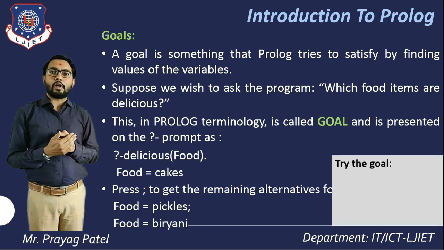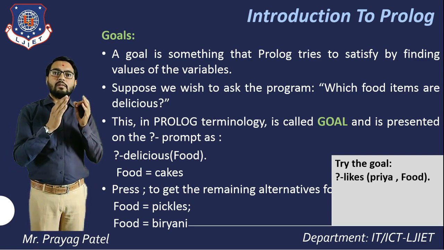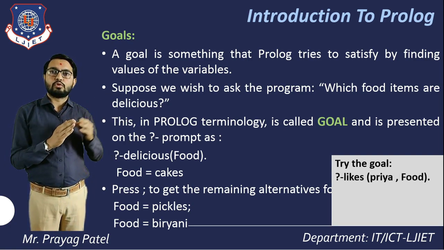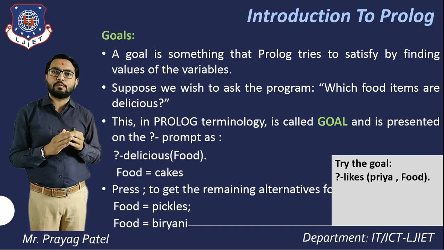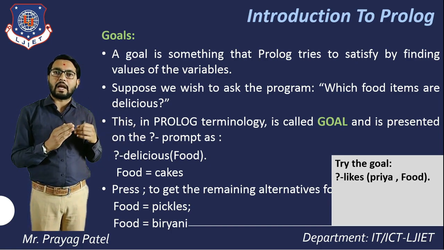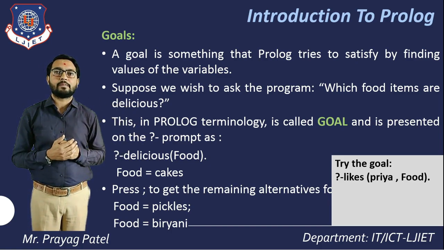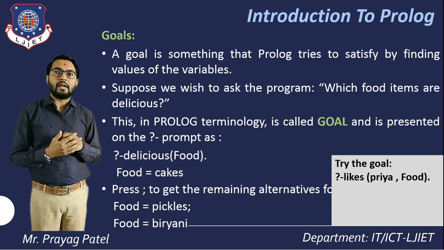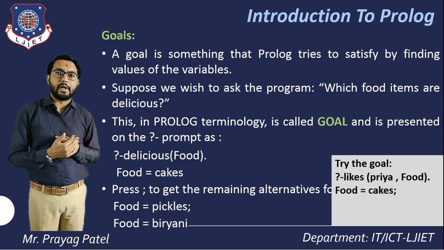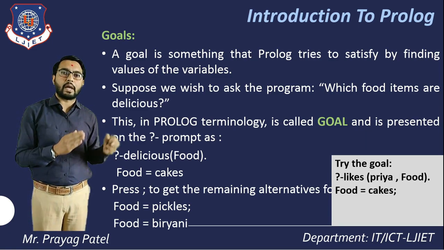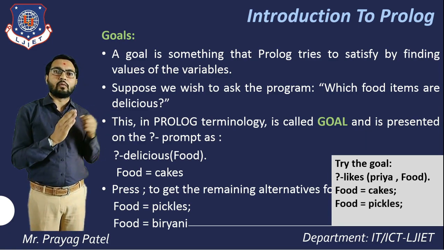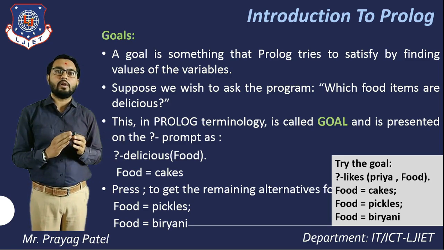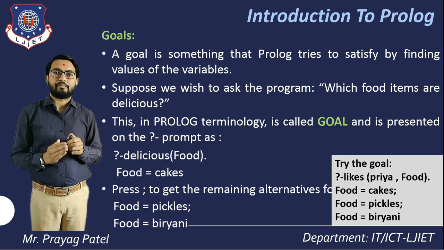So final answer for our goal statement is three foods that are delicious: cakes, pickles and biryani. Now another question is likes(Priya, Food). Then which food is liked by Priya? So Food equal to cakes, Food equal to pickles and Food equal to biryani. So these three foods are liked by Priya.